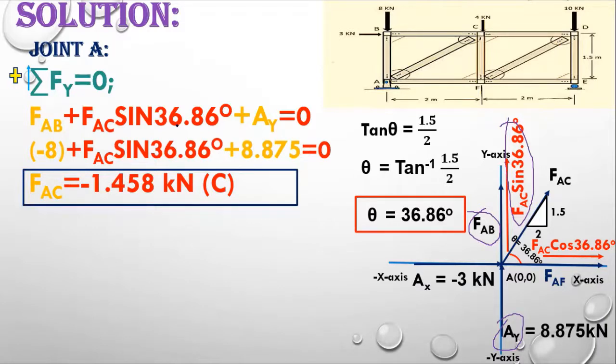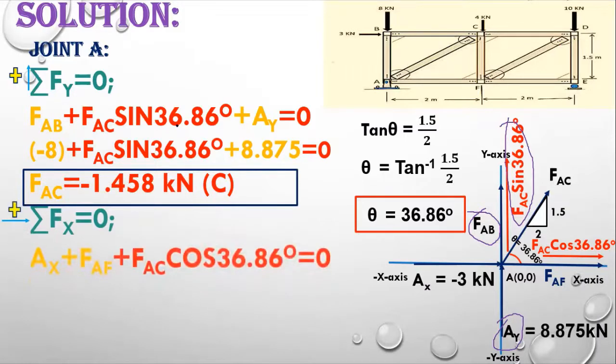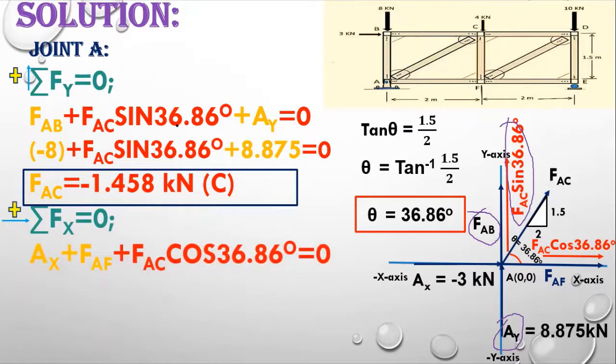When we sum up horizontal forces, how many member forces are here? AX, that is -3 kilonewton. You can see AX plus FAF, FAF is in the positive direction, then plus FAC cos 36.86 degree equals 0.